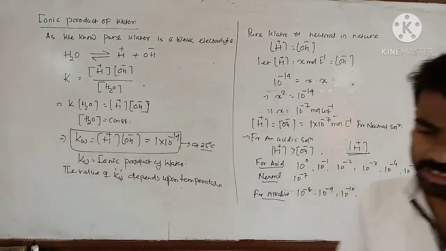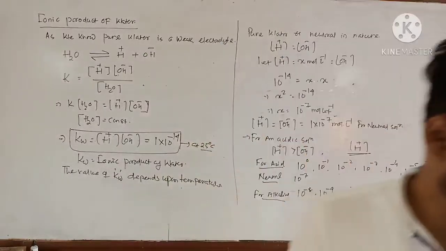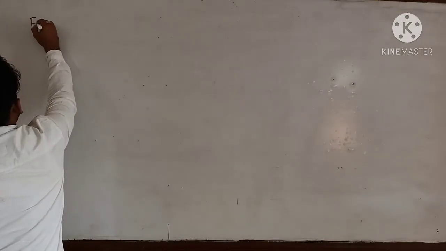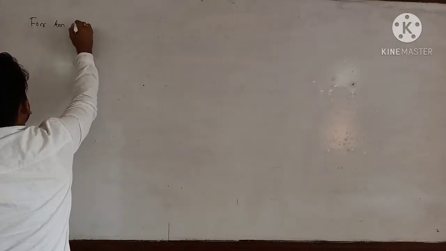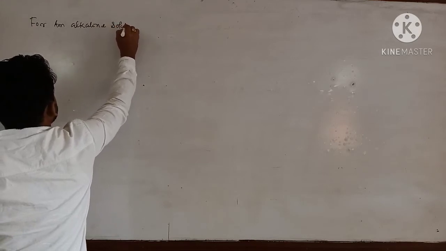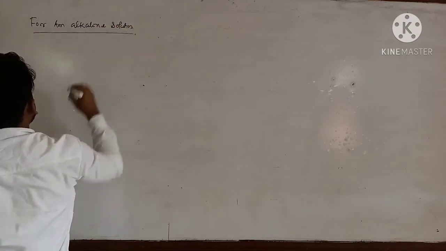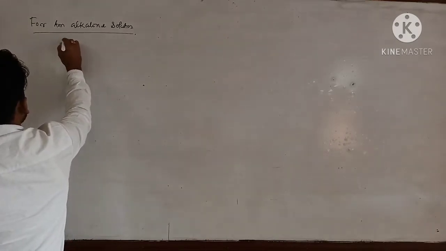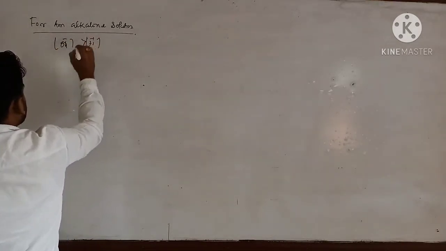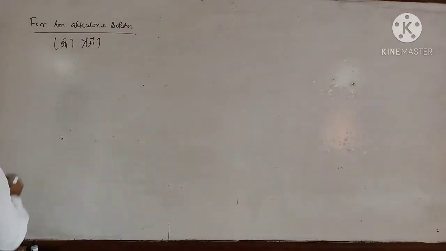Clear? So for an alkaline solution, what can I write? For an alkaline solution, the concentration of hydroxyl ion must be greater than the concentration of H plus ion.